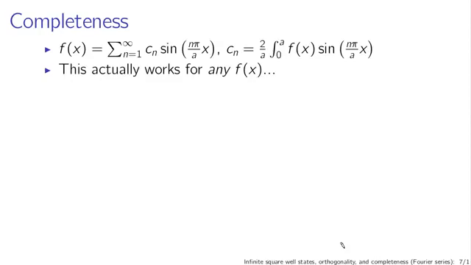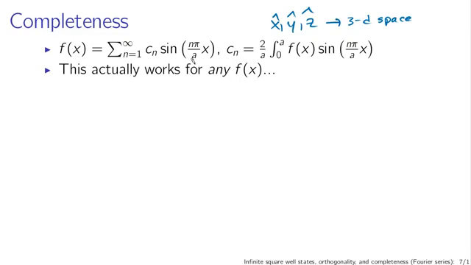This is like having a set of unit vectors with which you can express any other unit vector. For instance, x hat, y hat, and z hat. Unit vectors pointing in the x, y, and z directions form a basis for 3D space. The solutions to the Schrodinger equation for the infinite square well potential, our sine functions, actually form a complete basis for functions.